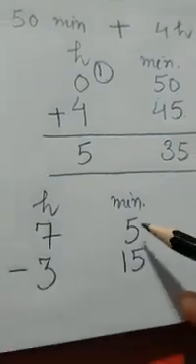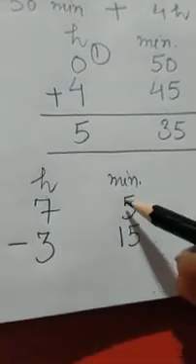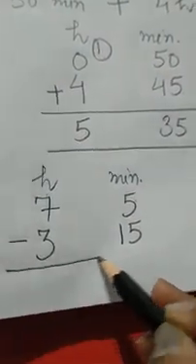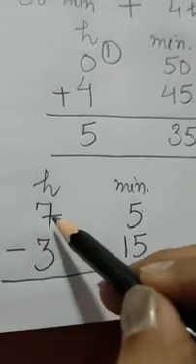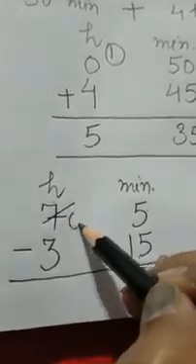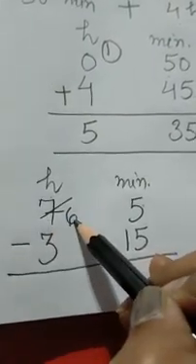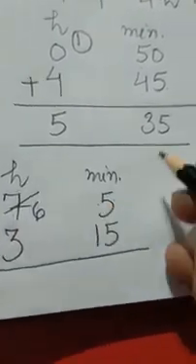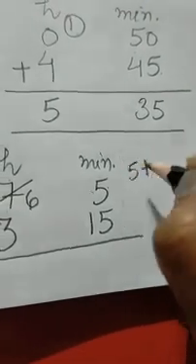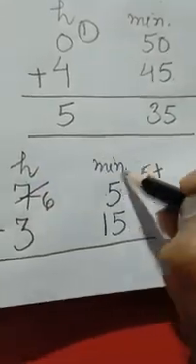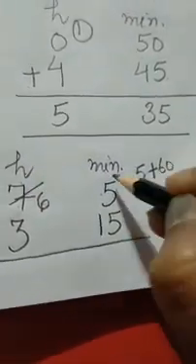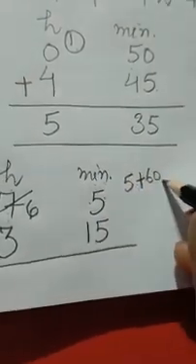From 5 minutes we cannot subtract 15 minutes. So what will we do here? We will borrow 1 hour from here. Here we are left with 6 hours and the minutes are already 5. Then 1 hour will become 60 minutes.